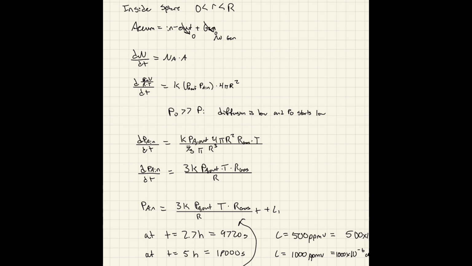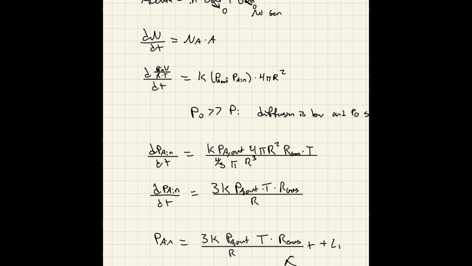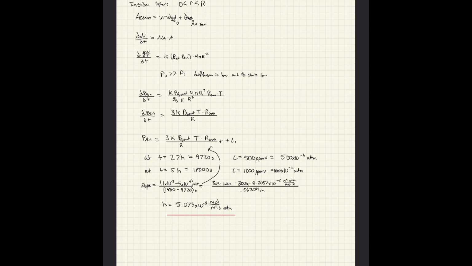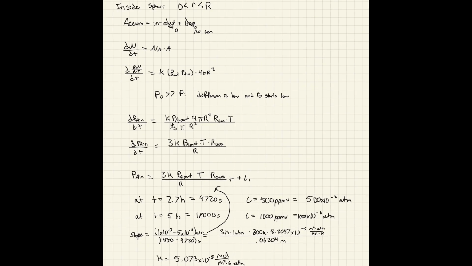Then we're going to write dN/dt is equal to our N_A times capital A. We're going to rewrite our moles N using the ideal gas law, where we have P_A in times the volume over the ideal gas constant times the temperature. And that is equal to K times P_A out minus P_A in, which we had determined on the previous page, times the area right here, which is our A.